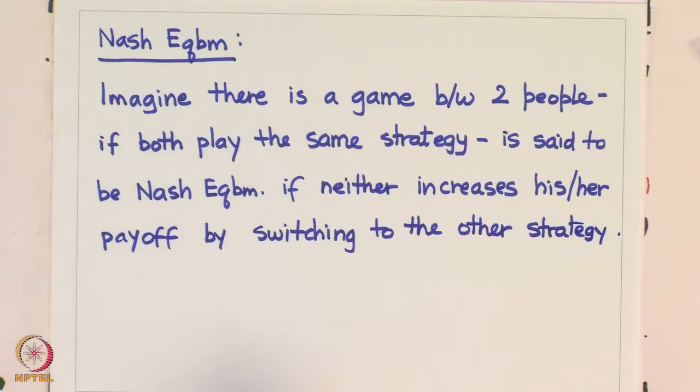What does this mean? In the context of game theory, suppose two individuals are both playing strategy A with each other, and the other available strategy is called strategy B. Now, if I am playing my opponent with strategy A and there is an incentive for me to switch from strategy A to strategy B, my opponent sticks with strategy A, but on switching to strategy B I increase my payoff.